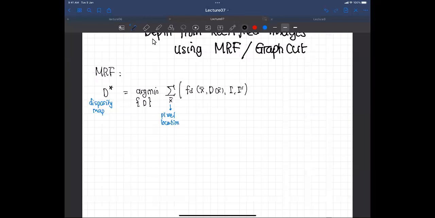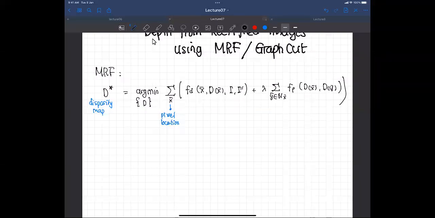I will explain the meaning of this later on. Plus lambda or w, sum over y, pixel y, which is the neighbor of pixel x, of the pairwise term on T(x), T(y). Okay, so this is the Markov random field for depth estimation. This is part 2 of your CA2.